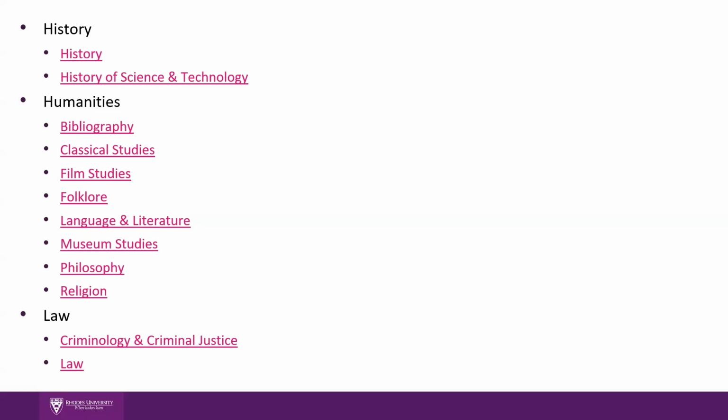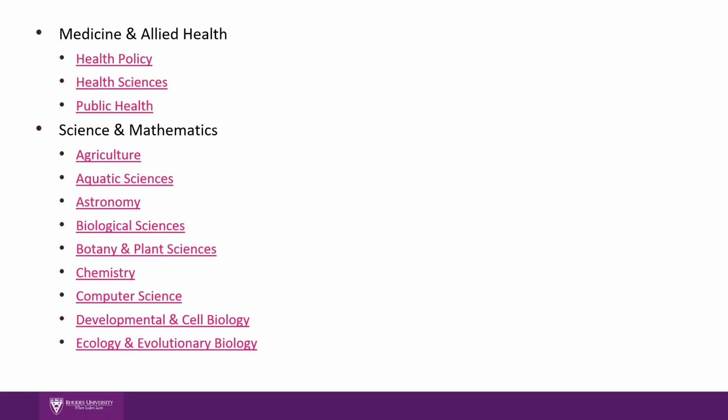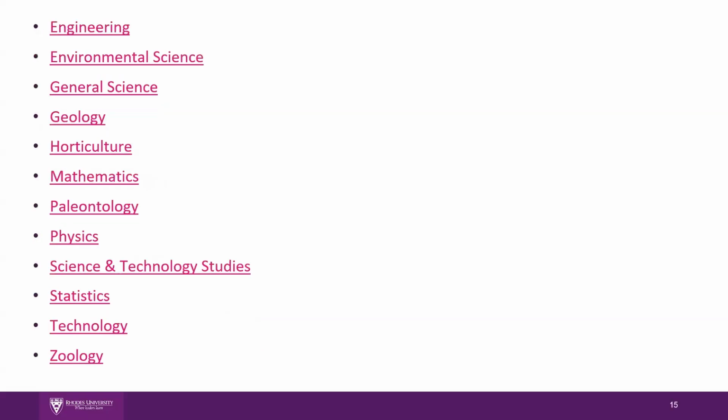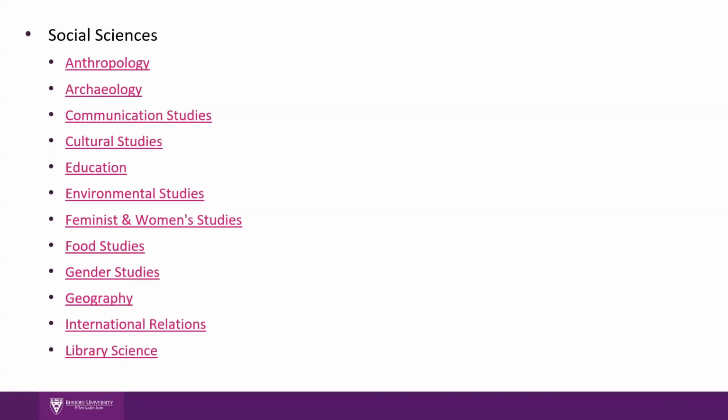It also covers law-related subjects wherein there's criminology and criminal justice, as well as general law-related subjects. It also delves into medicine, science, and mathematics. With science and mathematics, there's also zoology covered there, geology, environmental science, physics. There's quite a wide range of subjects covered by the JSTOR database. It also covers subjects within the social sciences, with anthropology, archaeology, education, cultural studies, geography, gender studies, and a lot more other subjects.